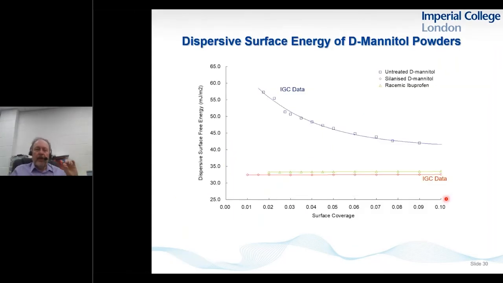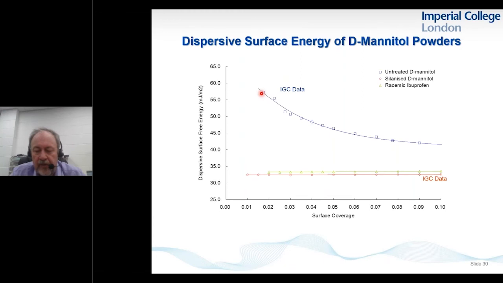We now move away from looking at wettability on crystals to measuring IGC on the powders. What you can see here is the IGC data, and the treated material, which is here, is very homogeneous, whereas the untreated material is up here, and it's clearly more heterogeneous because there are 3 different crystal faces. They all contribute to the overall energy we see.